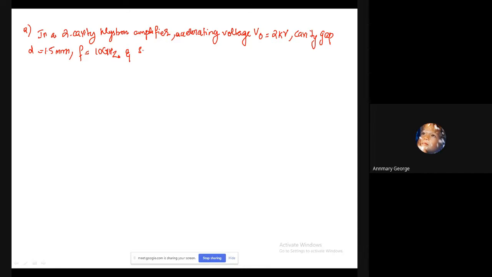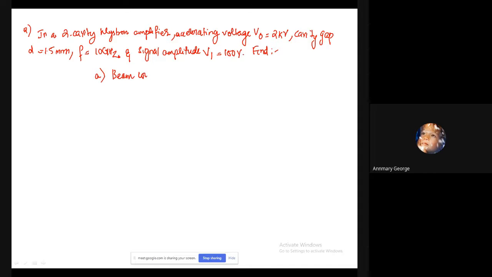And signal amplitude. What is signal amplitude? The high positive value voltage. Okay. V1 equal to 100 volt. Okay. Find a beam coupling coefficient.